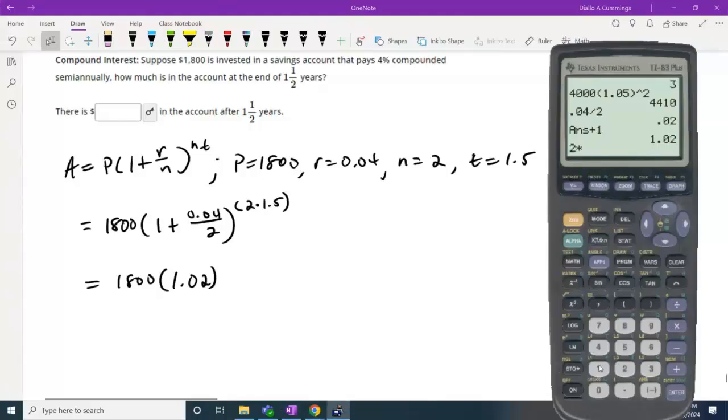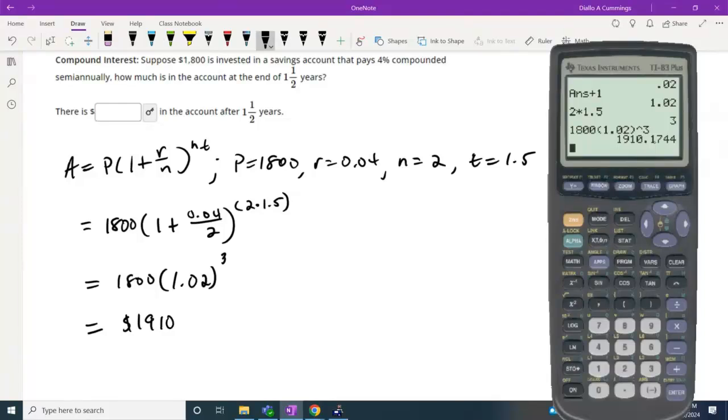And if I multiply 2 times 1.5, I get 3. So this is 1,800 times 1.02 raised to the third power. Money is always rounded to the nearest hundredth, 2 places after the decimal. So at the end of 1.5 years, there should be $1,910.17.